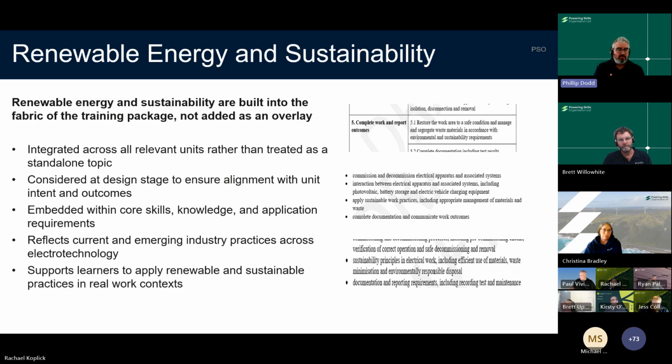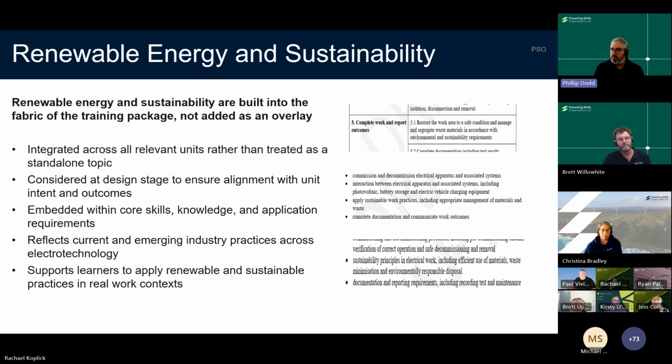An example of that is some of the information that we'll have in the units of competency in our EL9 unit, where we're looking at the interaction between electrical apparatus systems, but applying sustainable work practices and the appropriate management of materials related to those units of competency.